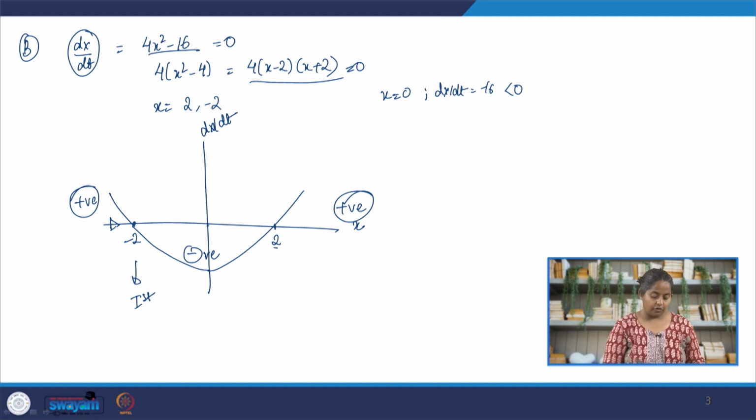So the flow of x is towards the left side. And the same will be true on the right side of the y-axis, because there is no fixed point between them. On the right side of the second fixed point, dx by dt is positive, which means x is increasing. So the flow is towards positive infinity, right side. Look at the direction of arrows.